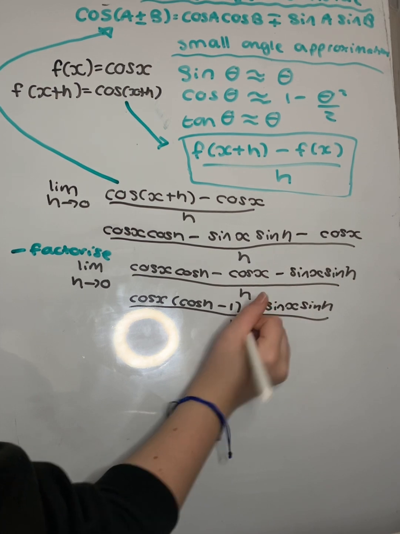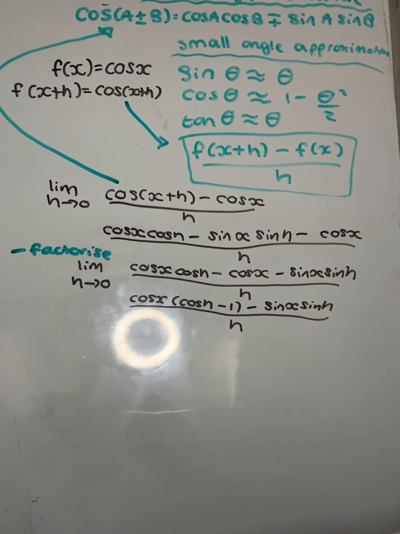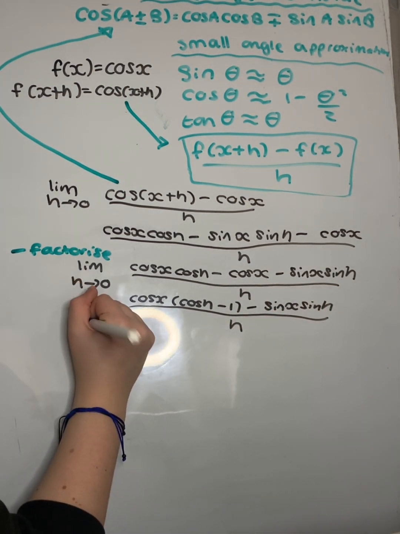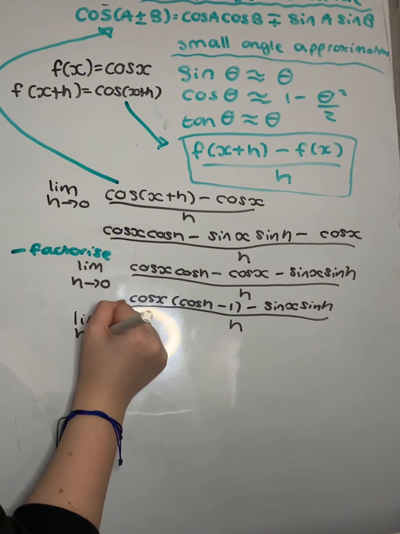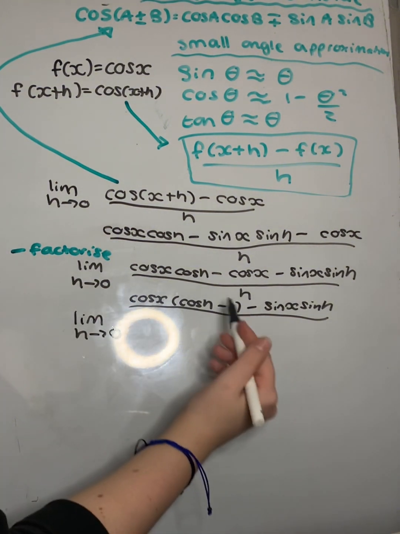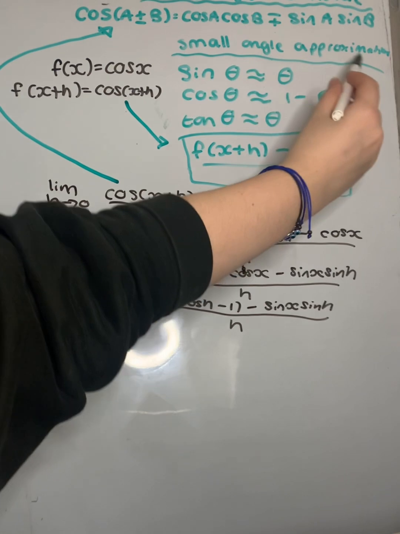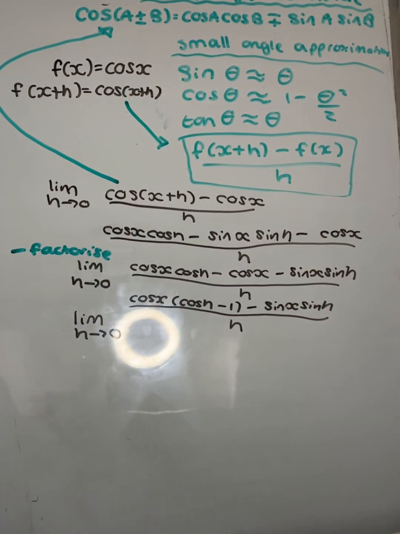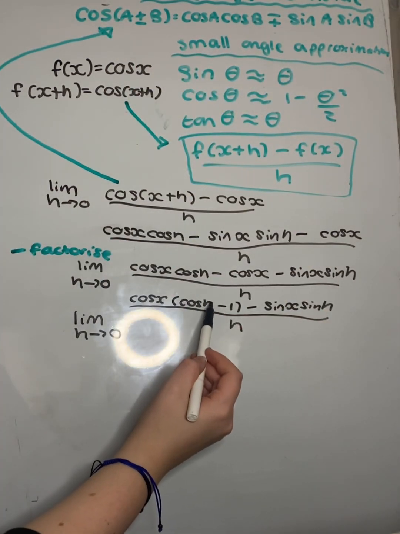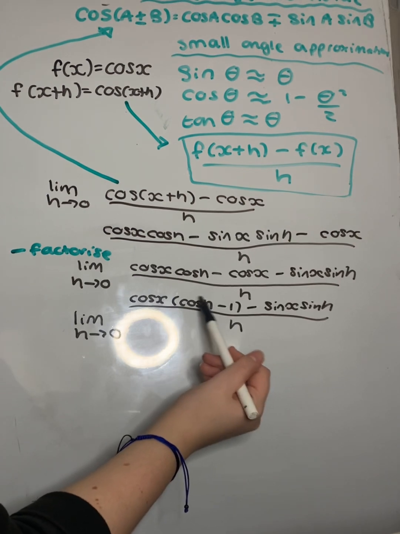Next we're going to use small angle approximations because our limit is h tends to 0. As h gets really small, we can use the small angle approximations because theta gets really small. So whenever we see an h, we're going to just sub it in for the small angle approximation.